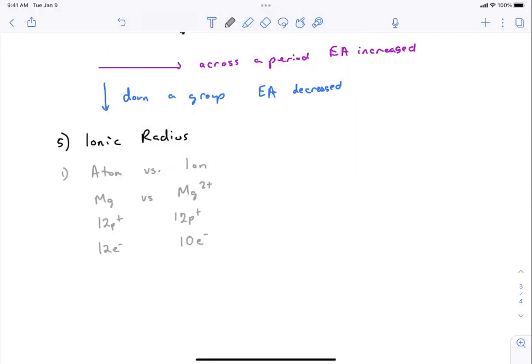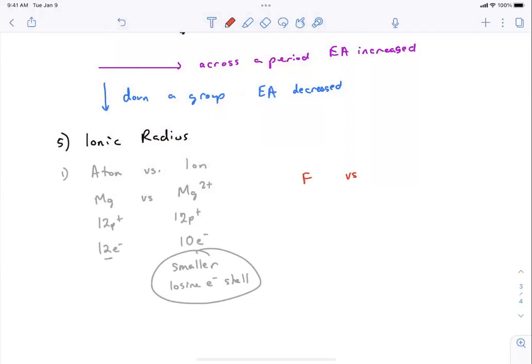Which of those two species is going to be smaller? Mg2+, because you have fewer electrons with the same attraction, so it's going to pull them in more tightly. And so this is going to be smaller. And it's also that you're losing an electron shell, because you lose the two valence electrons. So this one's going to be smaller.